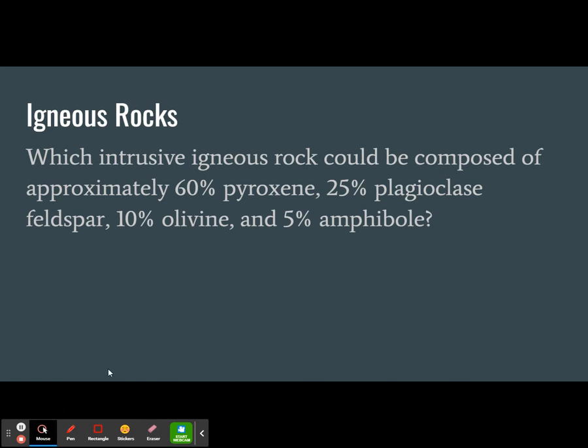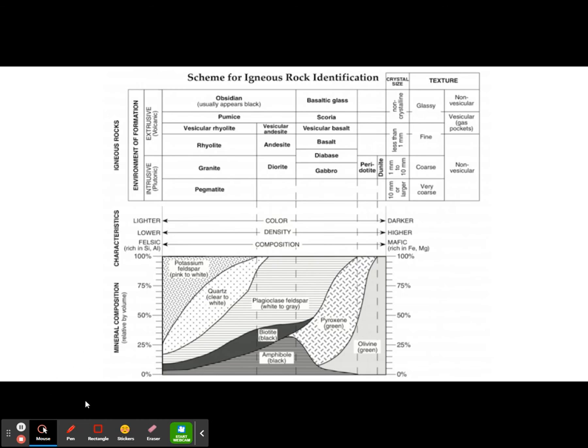All right, so I'm going to write that down real quick. So 60% pyroxene, 25% plagioclase feldspar, 10% olivine, and then 5% amphibole. All right, so let's go back to the next page. So this is what you would use to answer a question like that. So I'm just going to write down what we have to work with.